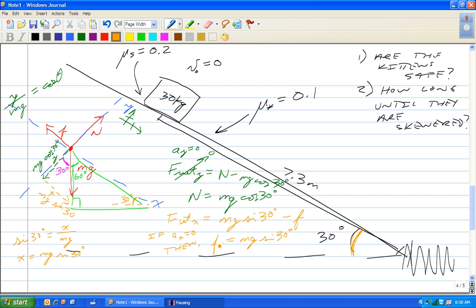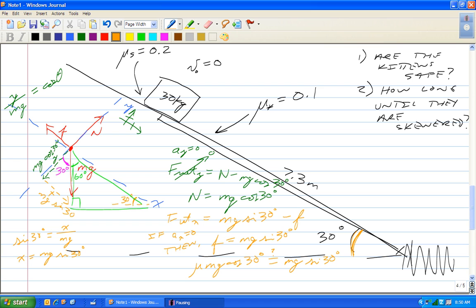Well, what is friction? Yes, friction is mu normal, which is mu mg cos 30 degrees. And so I'm asking, is that equal to mg sine 30?